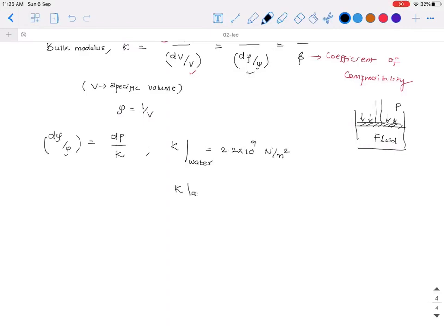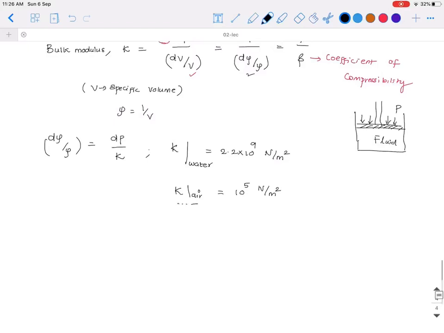The same quantity for air is 10 to the power 5 Newton per meter square. So approximately 4 orders of magnitude difference in bulk modulus. This is the reason why air can be compressed very easily when compared to water, because the amount of pressure required to produce a unit change in volume is smaller for air.